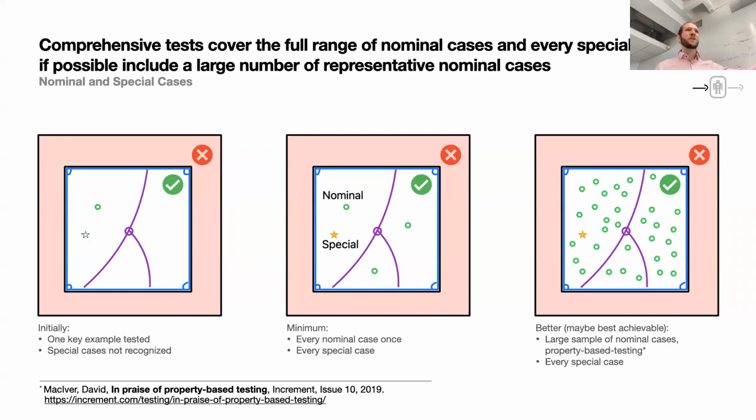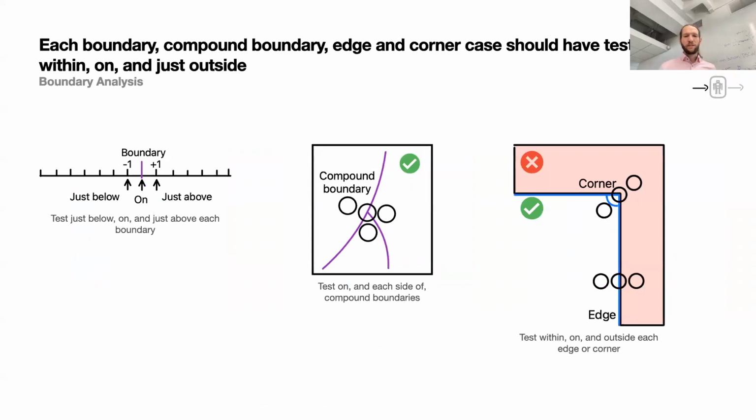Okay, so that's nominal middle of the road cases and the special cases. What about our boundaries? So these need special treatment, but it's pretty simple. Fundamentally, the approach is to test just below, precisely on, and just above each boundary. And we're going to make an analogous set of tests around compound boundaries. So precisely on the compound boundary, then just above or below in all the different directions.